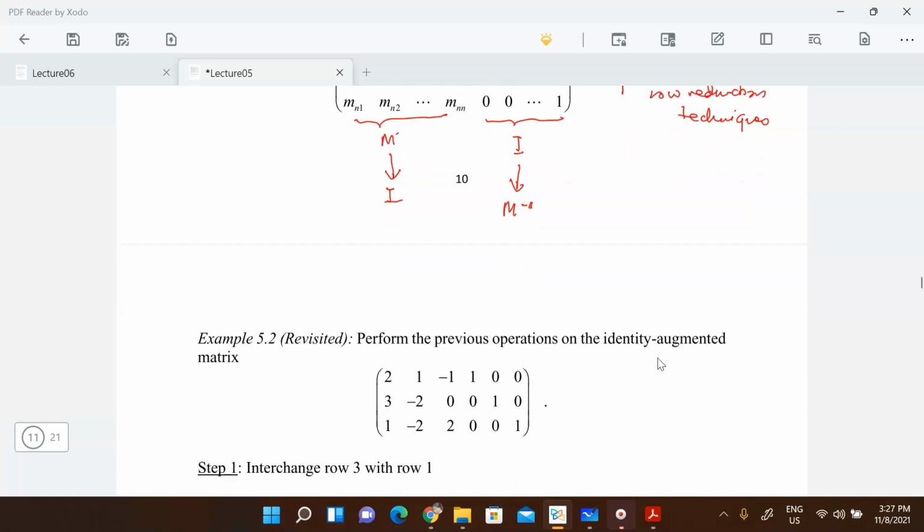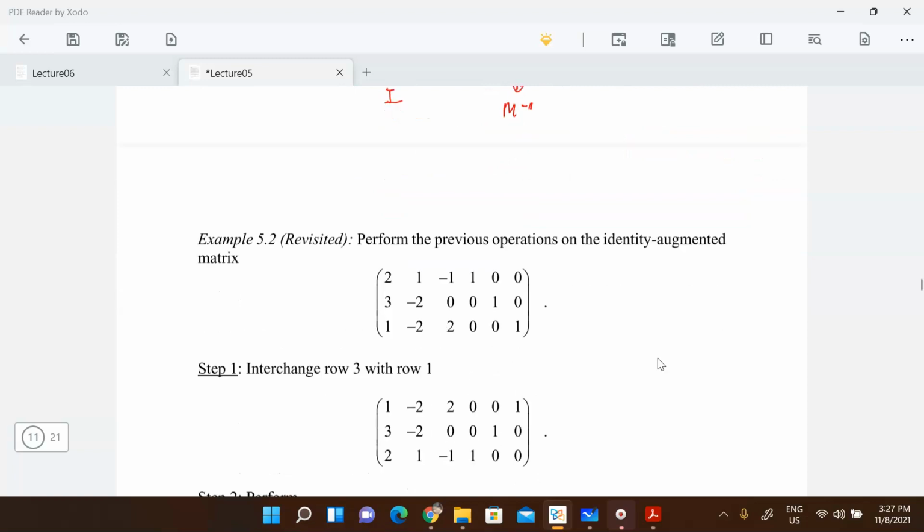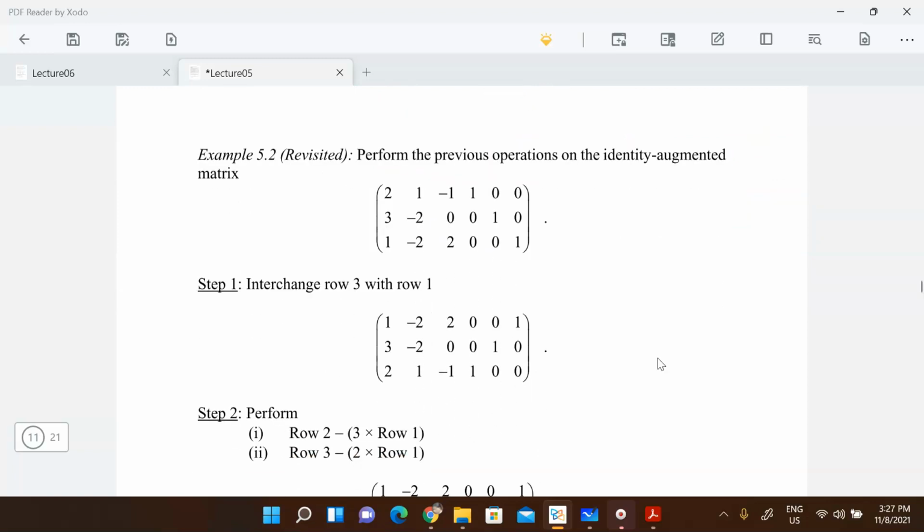So let's look at the example that we did earlier. We have this M matrix. You just check the example that we had before, and then I append this with the identity matrix. Do the same row reductions. I'm swapping here. This row goes up, then this row goes up there, and then you do all the different techniques.